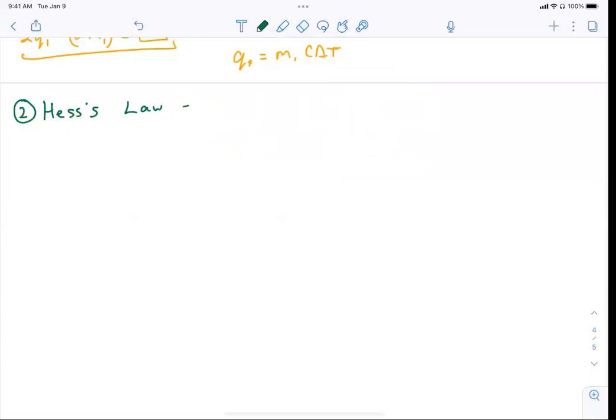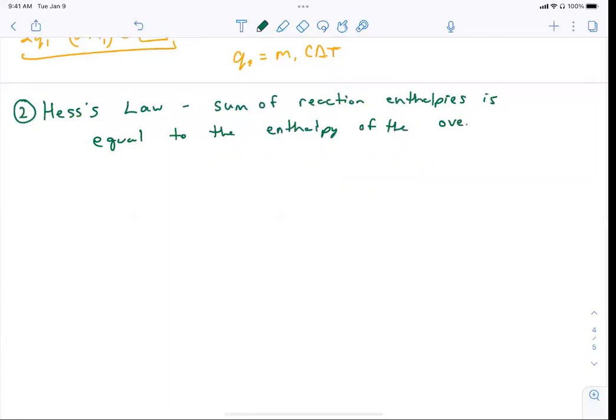Hess's law states that the sum of reaction enthalpies is equal to the enthalpy of the overall reaction.